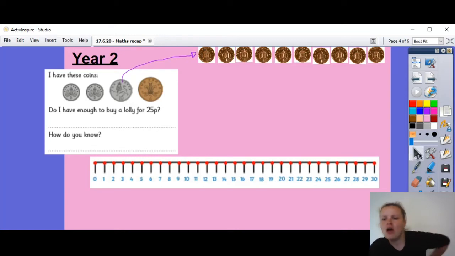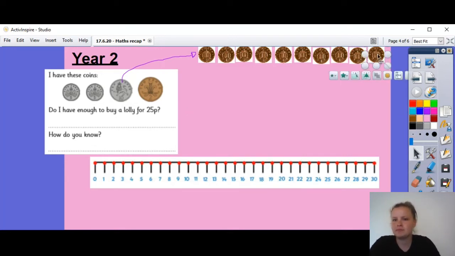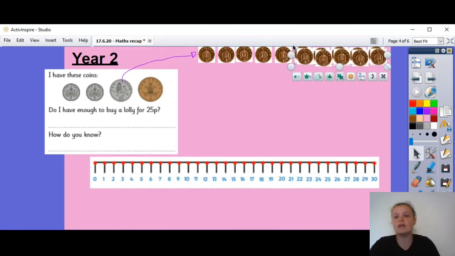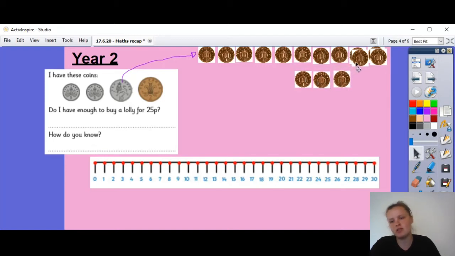Okay, so how many ones do you think the 5p would be the same as? Okay, so hopefully you'd know that that 5p coin would be the same as 5 ones.